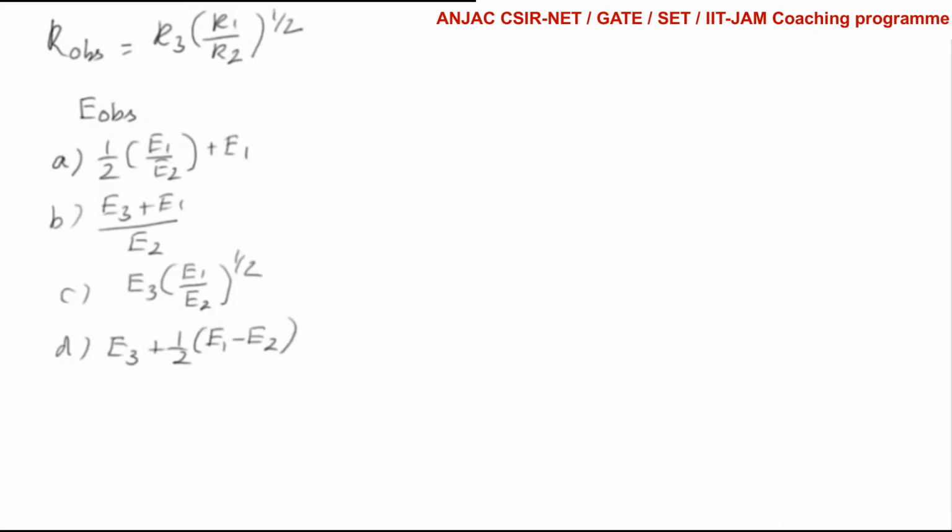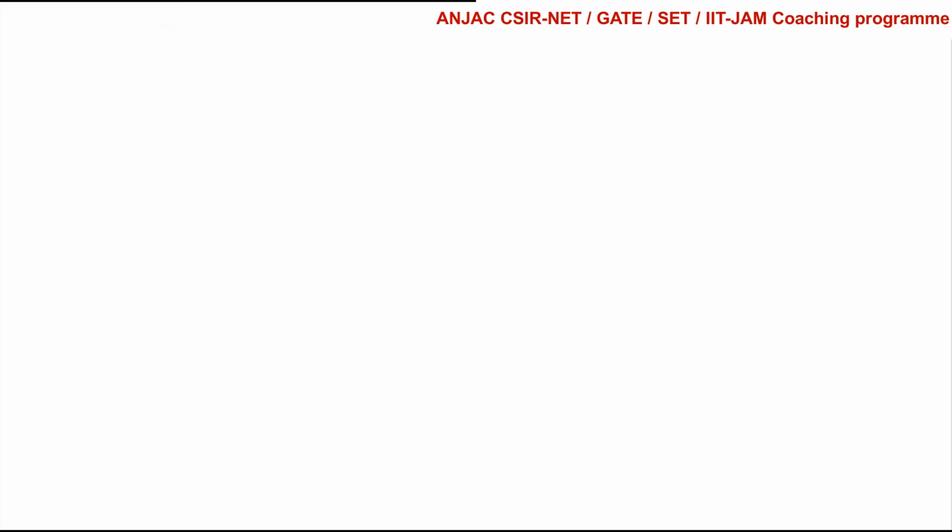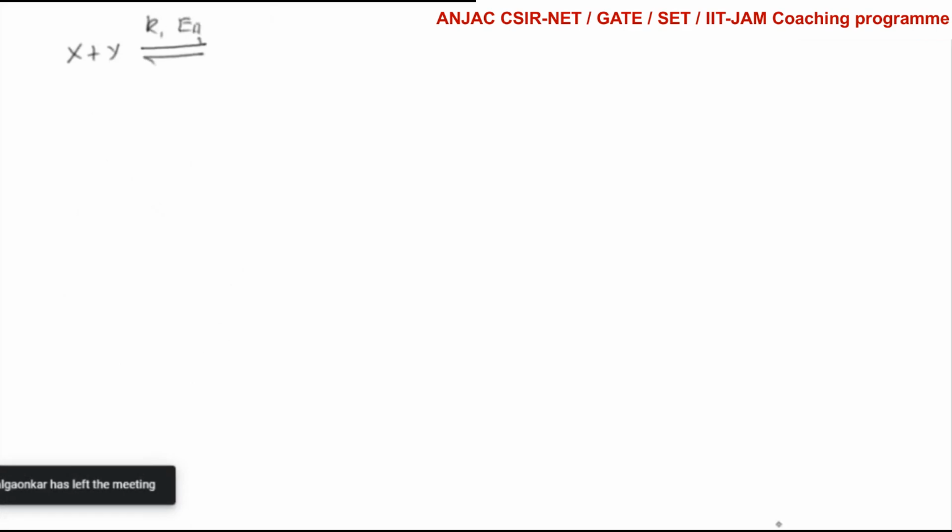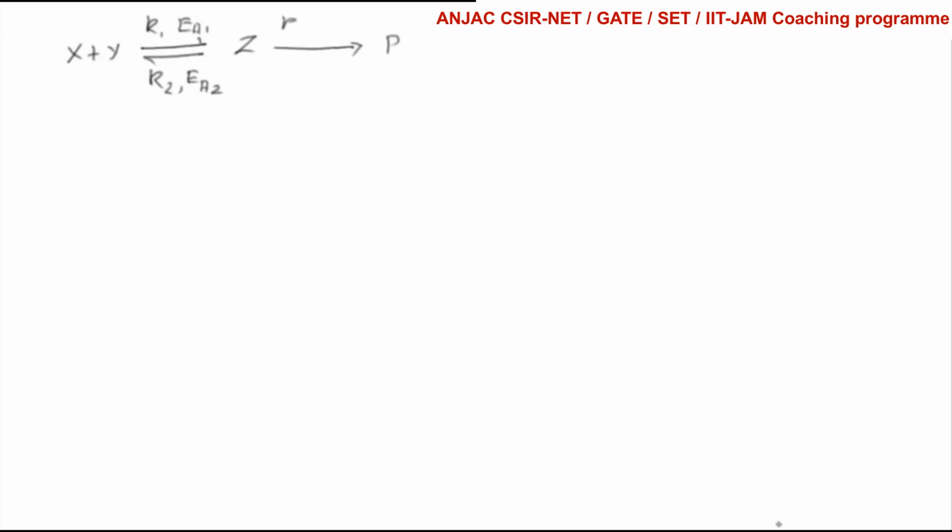Take down the year 2009 problem. In the reaction mechanism given, X plus Y goes by K1, EA1 and K2, EA2 to give product by K3, EA3.